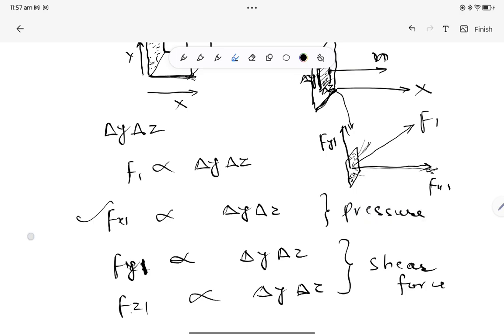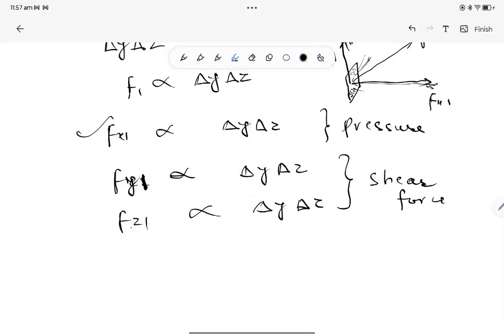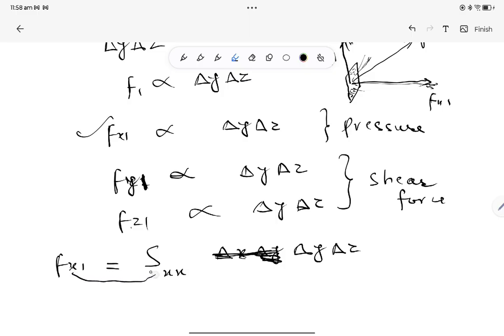Now we will have to introduce constants of proportionality for them. Fx1 will be equal to, let us denote that constant of proportionality by s, and on that s we keep first x and then x. Now the question is, where does the second x come from? The first x comes from the component of force it belongs to, the x component of force.